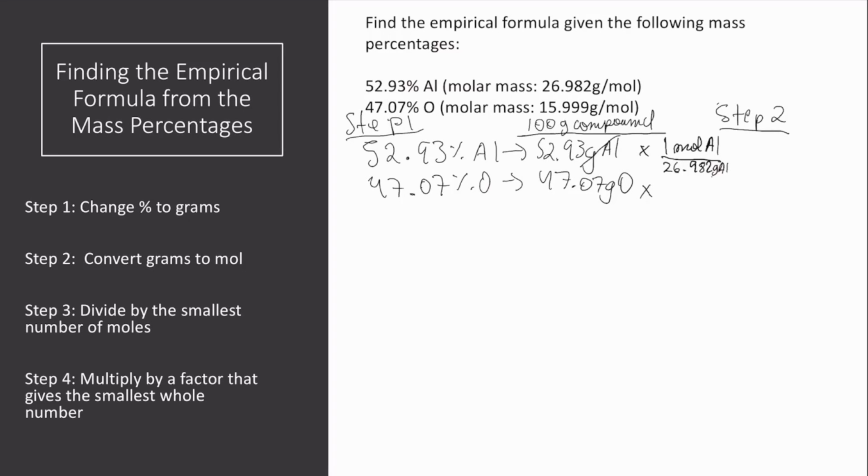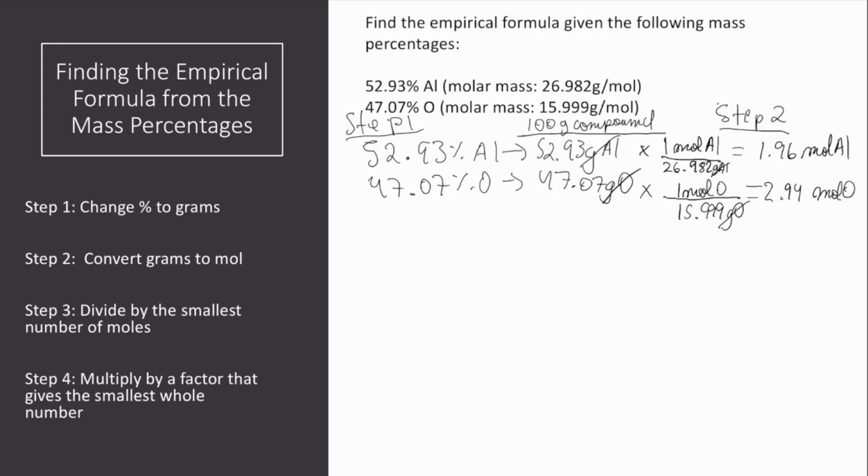Grams and grams cancel, and we get 1.96 moles of aluminum. For the case of oxygen, for every 1 mole of oxygen, we have 15.999 grams of oxygen. Units of grams cancel, and we have units of mole of oxygen, which is 2.94.